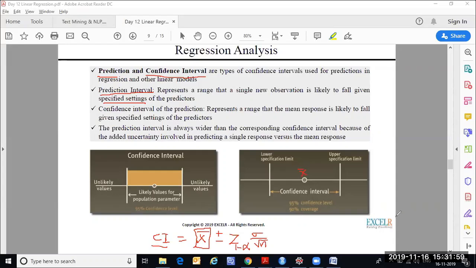Whereas your prediction interval, because you are not going with any confidence level, right? Obviously your prediction interval is much more compared to the confidence interval. That's why your prediction interval is always wider than the confidence interval, because of the uncertainty that is involved in predicting for the new value, right? But in case of confidence interval, you are baselining around the mean value.